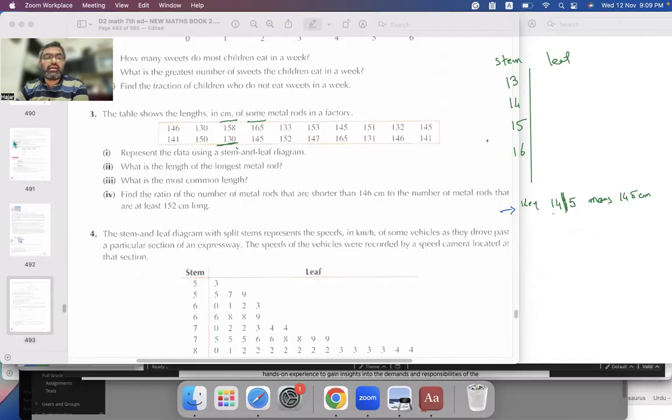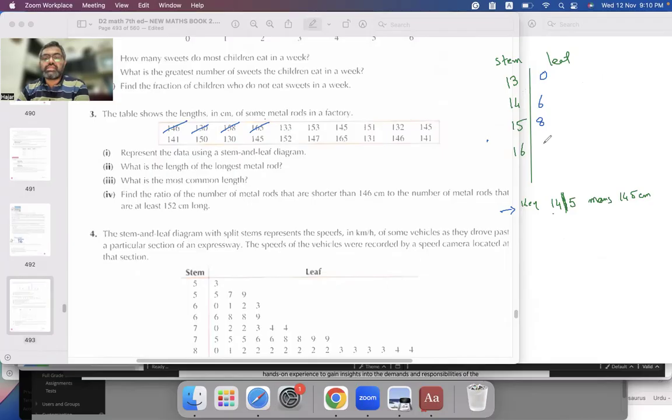Let's record all the stem and leaf numbers and then sort them. We keep crossing off as we go. We have 146, so we put 6 over here. 130, so we put 0 here; 0 should be in the beginning, so it's already sorted. 158: 1, 5, and 8.